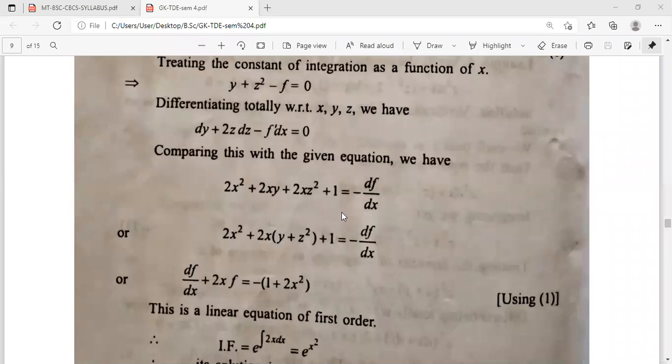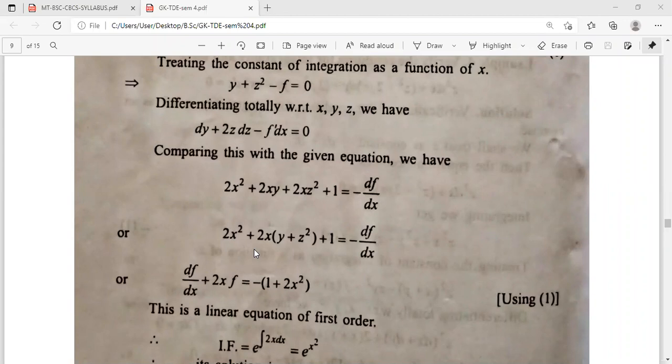Already you know f dash in the sense of df by dx. Now here you see 2x square plus 2x into y plus z square plus 1 equal to minus df by dx.